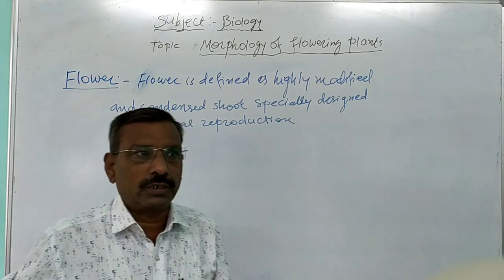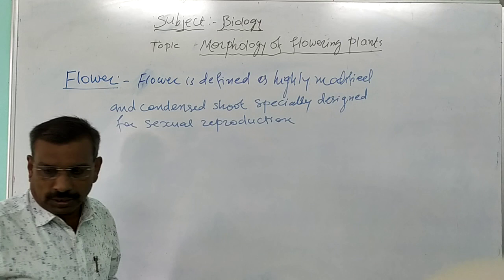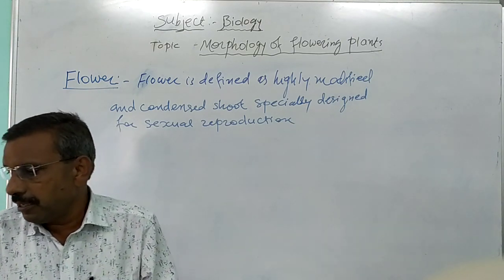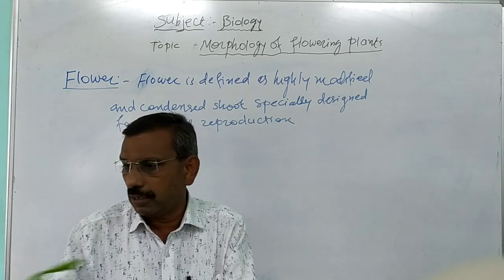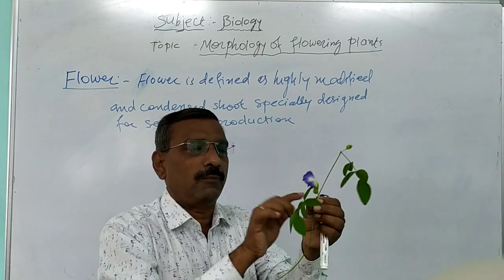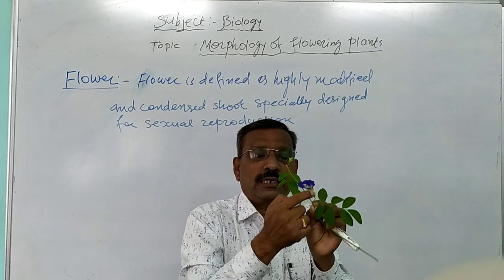Now we are going to study the morphology of the flower. Before that, one must know the characters of a flower. Generally, flowers are borne from the axil of the leaf. Such flowers are known as axillary flowers. Suppose this is the leaf of this plant and this flower is borne from the axil of the leaf.